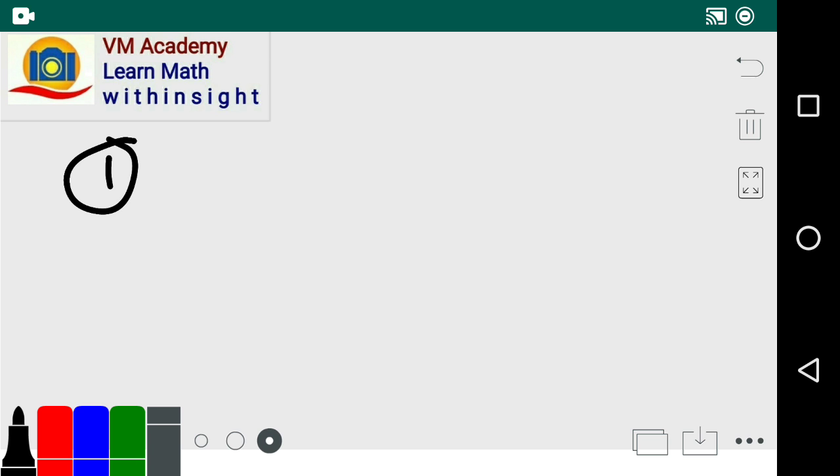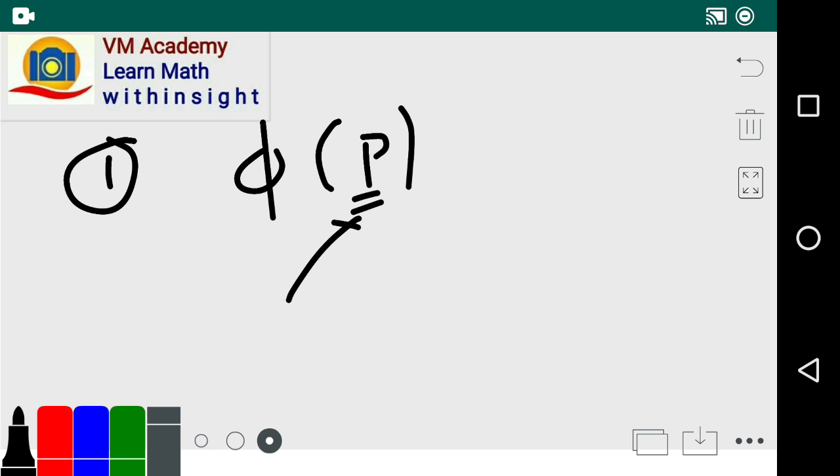So our first result: phi of p, that is, if any prime number is given, then the total numbers relatively prime to p that are less than or equal to p are nothing but p minus 1.